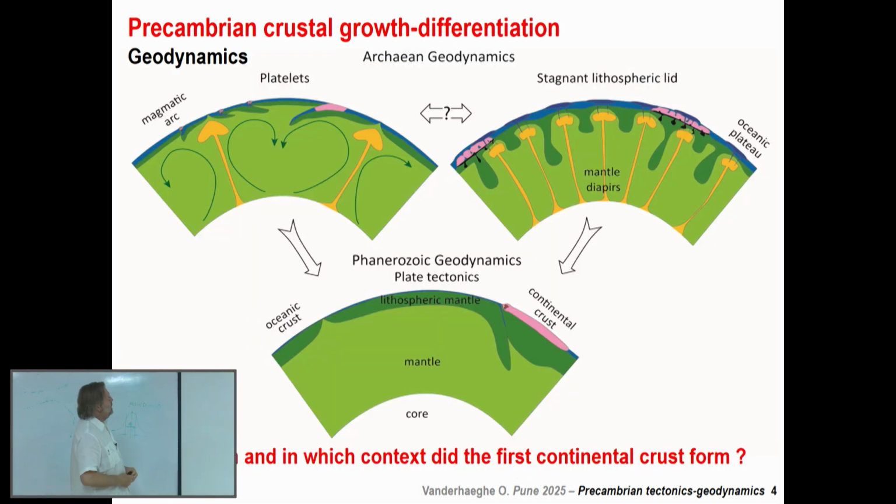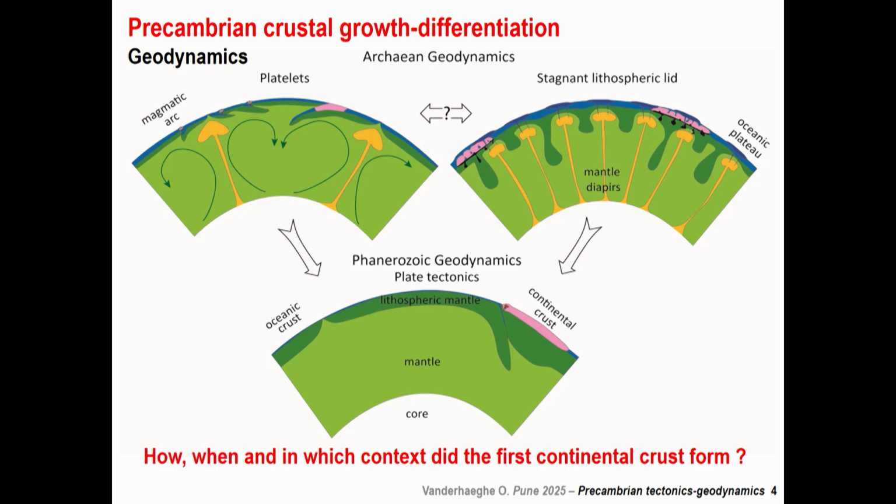The main question we're going to address is how these rocks record some kind of geodynamics at the Archean-Proterozoic transition: whether they formed in a context of plate tectonics as Phanerozoic rocks, or if it was different, with maybe a stagnant lid with lots of gravitational instabilities in the mantle, or smaller plates in a more vigorous convection setting associated with a hotter Earth. And the question we're going to address is how, when, and in which context did the first continental crust form?